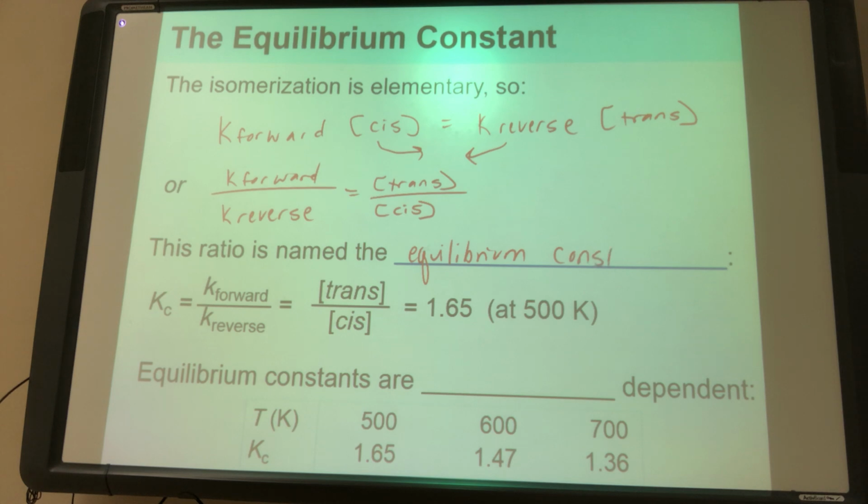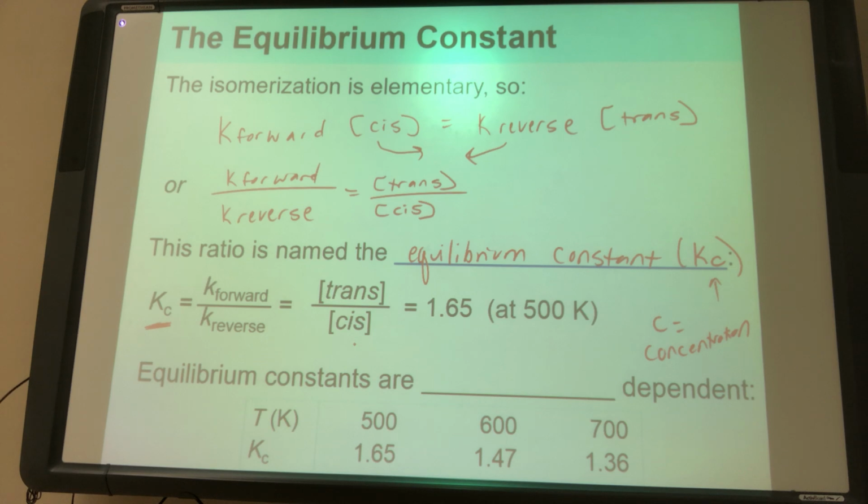And we're going to be solving for this a lot this chapter. The symbol for it is a capital K, lowercase c. The c stands for concentration because I'm plugging in the concentrations. So you can see it here. My Kc is the forward divided by the reverse, which is also equal to my trans divided by my cis.